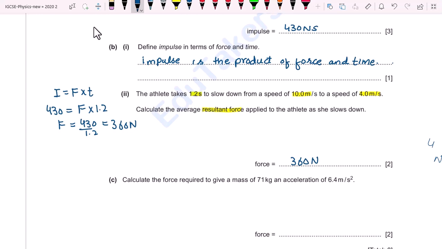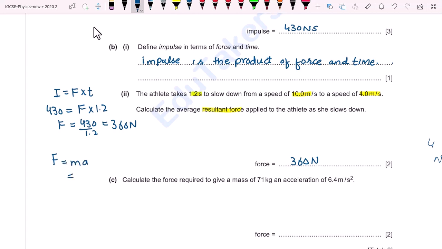Part C. Calculate the force required to give a mass of 71 kg an acceleration of 6.4 meters per second squared. Here we are given mass and acceleration and we have to calculate the total force. So I use Newton's law, F equals ma.